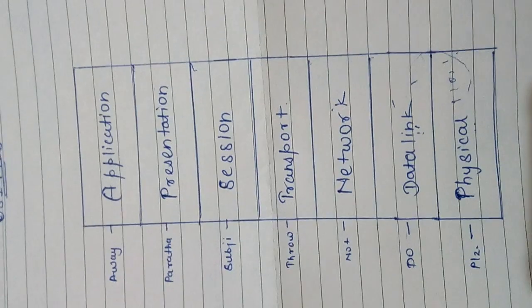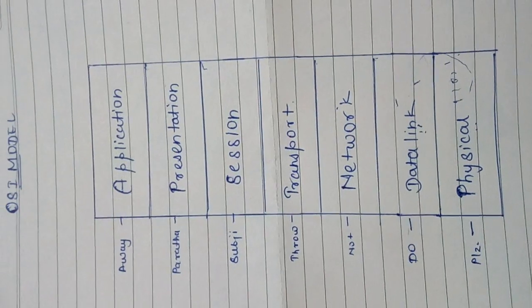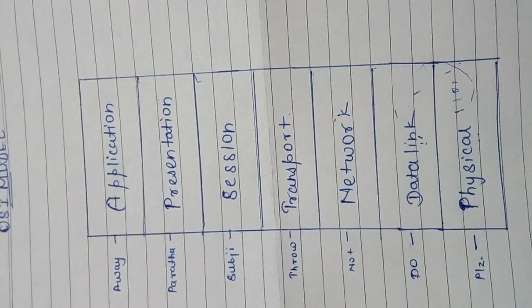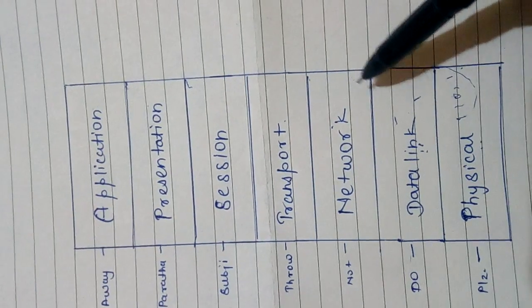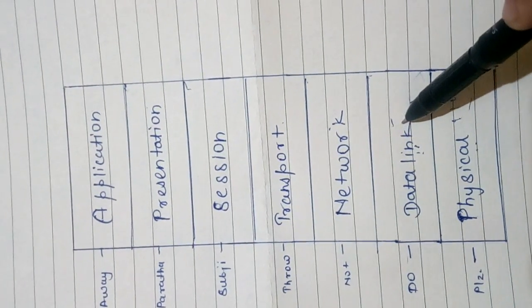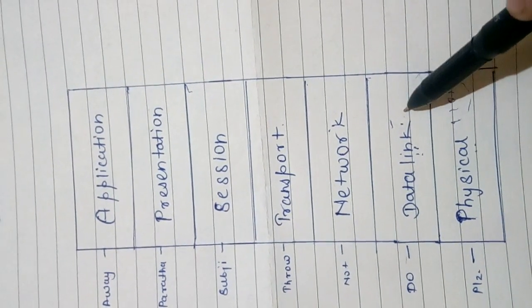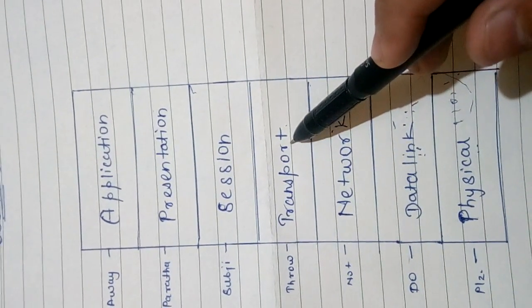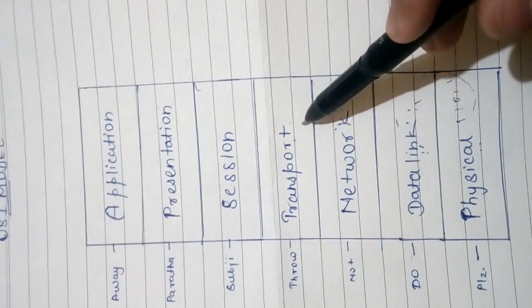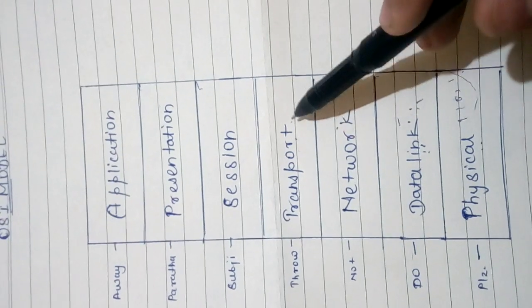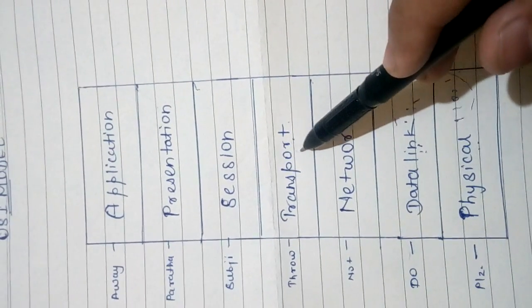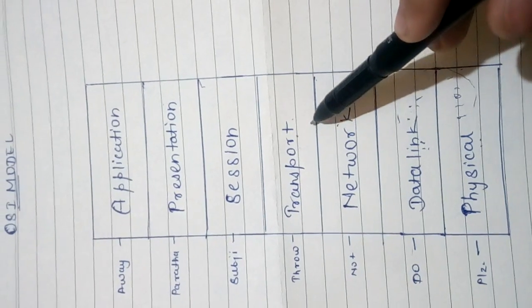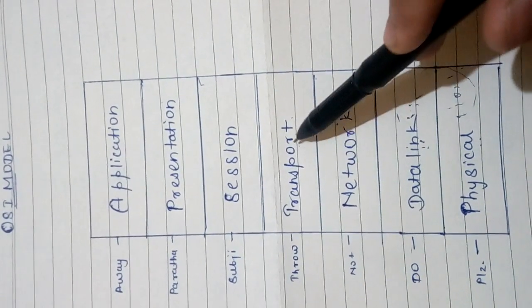The data link layer's main function was to provide end-to-end validity, and the transport layer also has enhanced functions. The transport layer defines various protocols through which data can be transported.